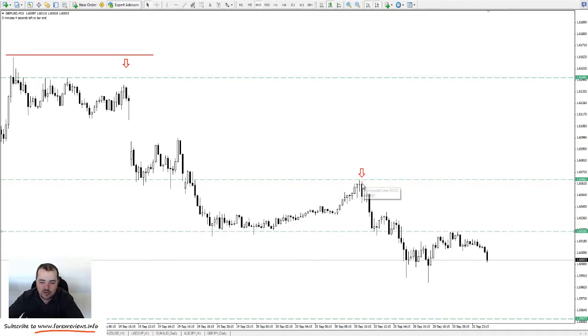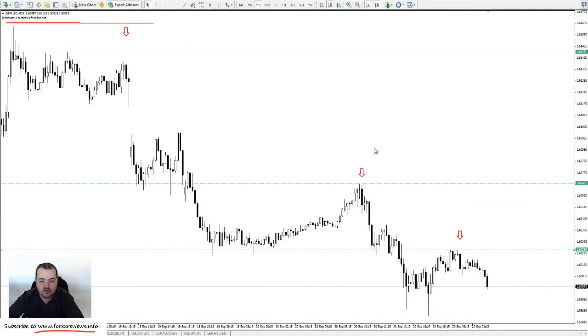Okay, so price came up here. This gave a sell opportunity, came down here, and it broke below again. Pushed back up again, gave another sell signal right here. Okay, and you see what I'm saying? It just keeps breaking support, comes back to retest as resistance, comes back down, and price will just keep doing that.